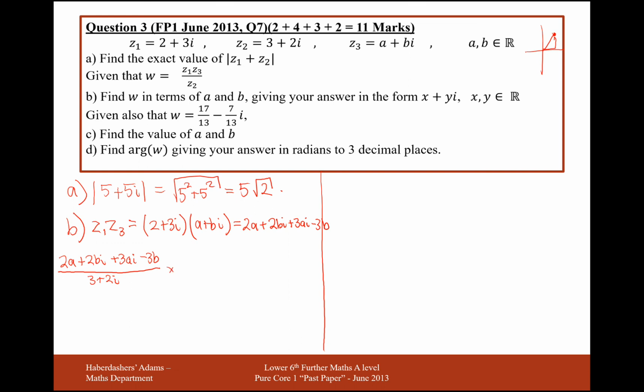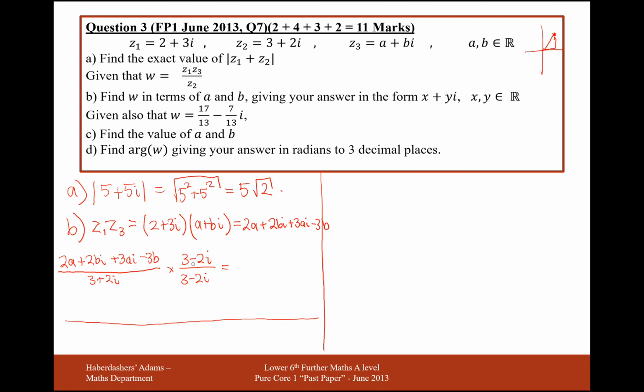So what I need to do now is rationalize the denominator, or effectively remove the i from the denominator. So times by the complex conjugate on the top and the bottom. And my result's going to be written in this long fraction down the bottom here. So making sure that everything from the left hand side times by everything on the right hand side, I'll make sure I've got 8 terms to finish.